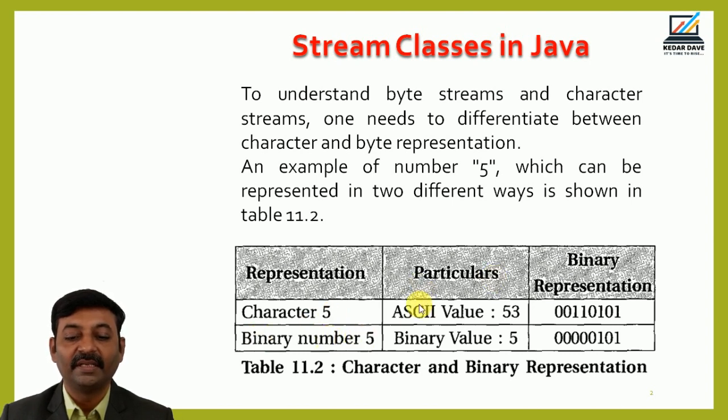The ASCII (American Standard Code for Information Interchange) value is displayed as 53, and the binary value is displayed as 5. The binary representation of the character 5 is 00110101, and for the binary number 5 it is 00000101. So this is the binary representation.